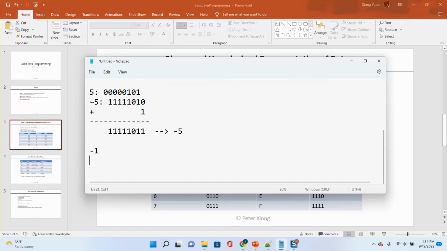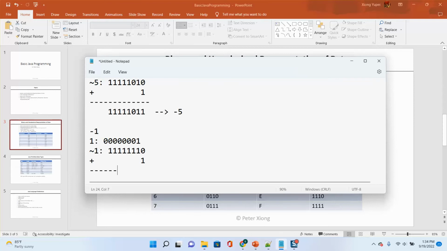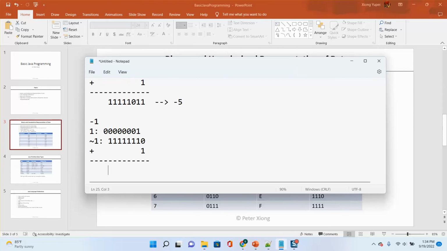So first is 1, which is 00000001, and then I flip it with this sign. It is 11111110. Then I plus 1. Then finally I get 11111111.